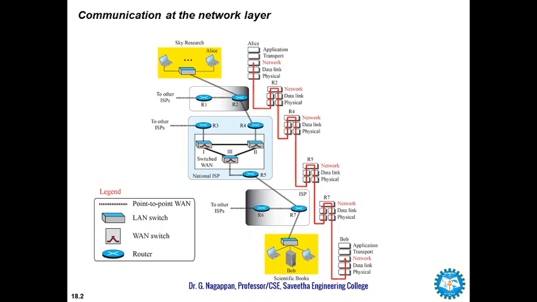This process happens at the source and destination systems, whereas in intermediate devices such as routers, routing happens. Even though the packets are transmitted through various devices, the routers use only three layers for routing the packet.